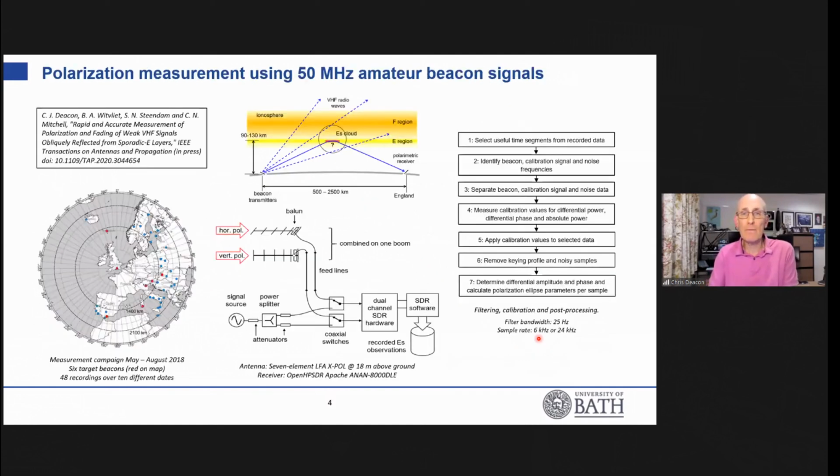So here's the experiment. I will explain, actually, I should have put a slide into this. I'm going to talk about how I collected the data and analyzed it up to a point, because it's all been written up in that paper.